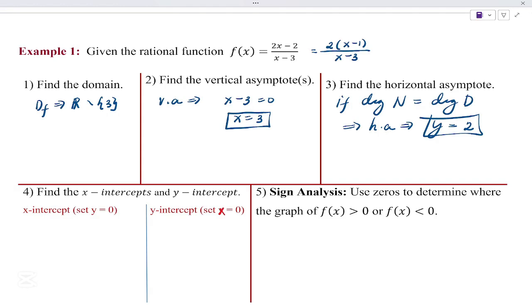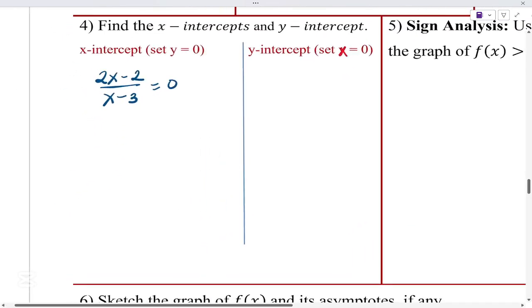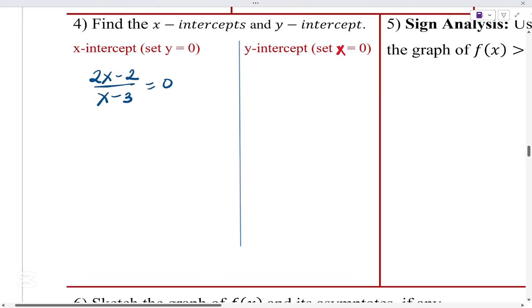Then in finding the x-intercept and y-intercept, for the x-intercept, we set y equal to 0. So we put 2x minus 2 divided by x minus 3 equal to 0. This fraction is equal to 0 when the numerator is 0. Or you can write 0 as 0 over 1 and do cross multiplication.